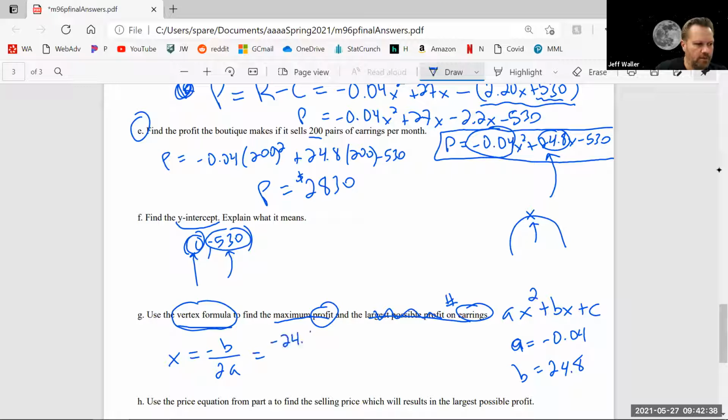Negative 24.8 divided by twice negative 0.04. Oh, that goes in evenly. Let's see. Ooh, I see what it is.